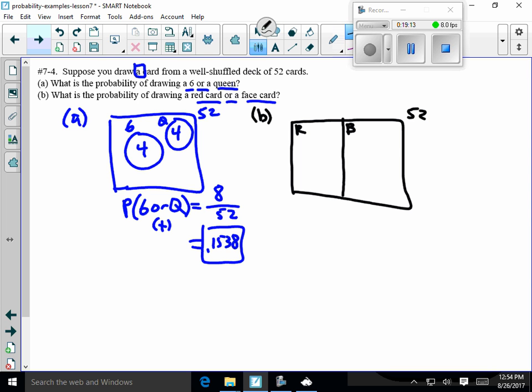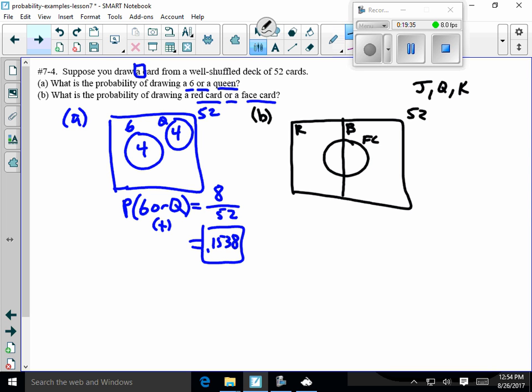Now within that, there are some face cards that are red and some face cards that are black. So I'm going to put a circle like this to represent the face cards. And the face cards are the ones that have human faces: jacks, queens, and kings, just that, okay? All right, so let's fill in what we have here. How many black face cards are there?